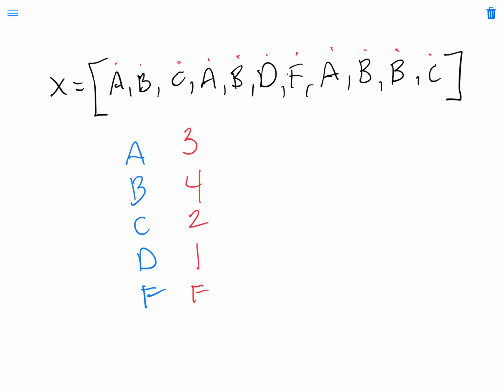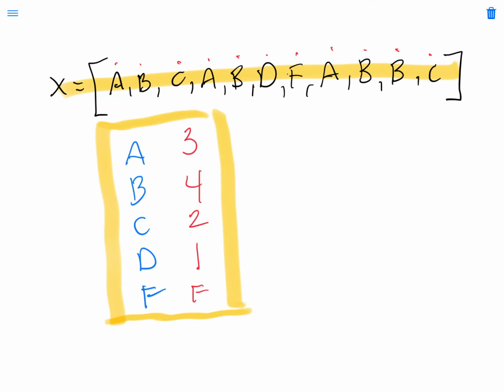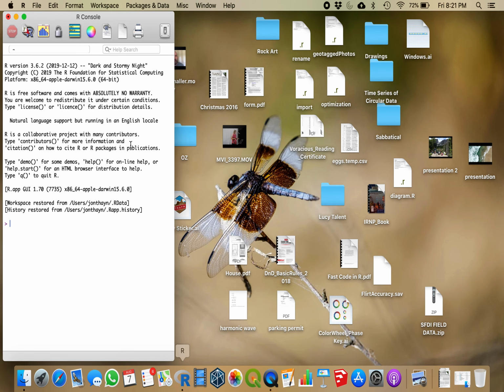We've taken our big complex set of numbers, which in this case wasn't actually that big, but we've taken a larger set of numbers and condensed it down into a simple table that contains all of the same information in a much smaller package.